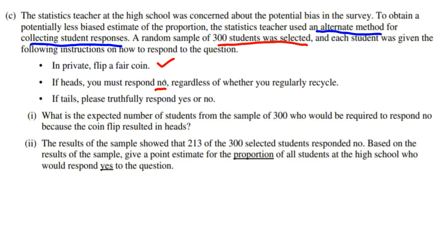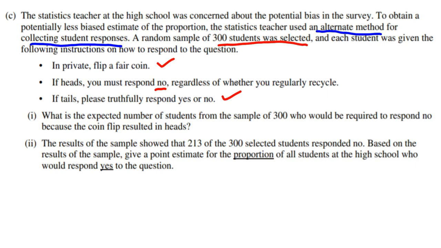The teacher can't tell if someone says no whether they mean it, or if they flipped the coin and got heads, and that means they had to say no. Okay, and then if you get tails, you answer truthfully.